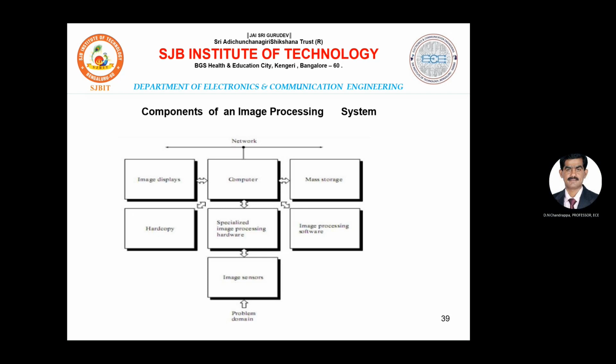Along with that, a specialized computer system is required: higher end computers, what we now call a higher end i7 processor. It becomes very easy to process. Other than i7, some other processors also support it, but here the i7 gives very fast processing. That is what specialized image processing hardware is. Some of the tools and some of these requirements all have to be considered.